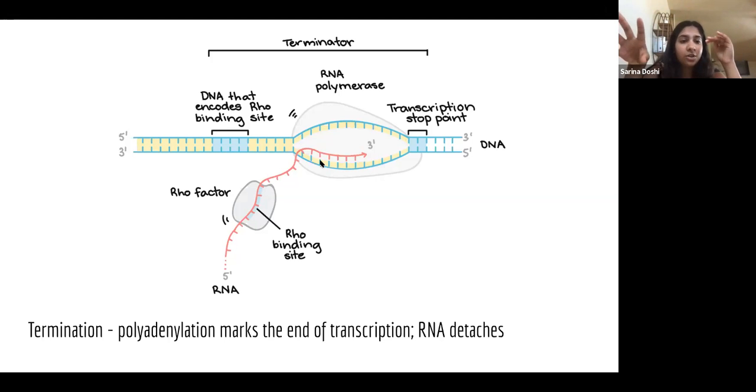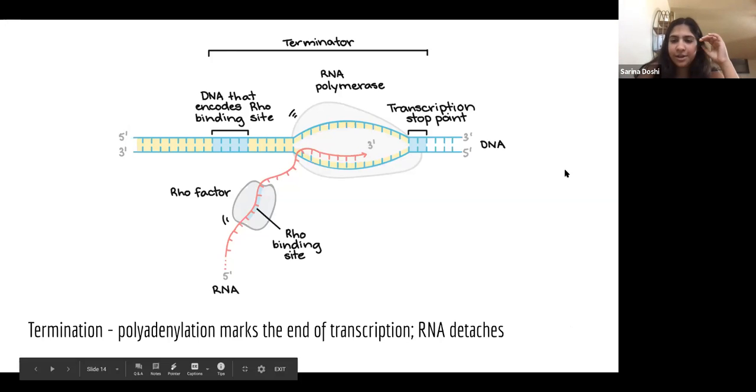And that's how your eukaryote will know how to stop. However, in a prokaryote, that doesn't always happen. So you'll have this rho factor, and rho will bind to the RNA and basically let it know it's time to stop transcribing.